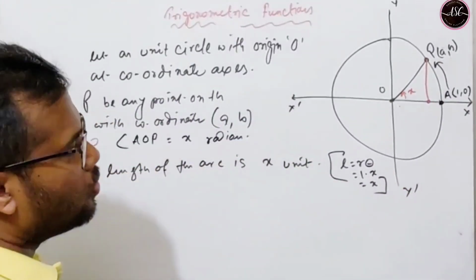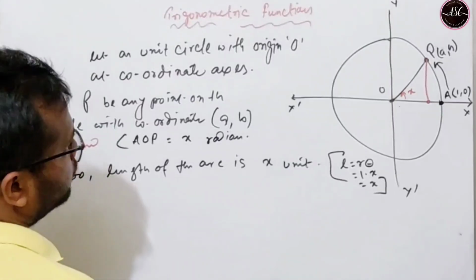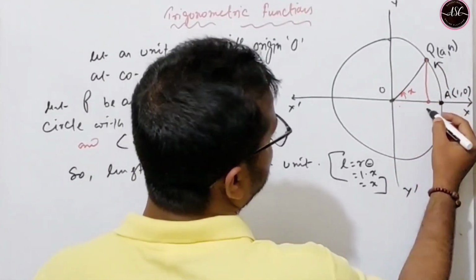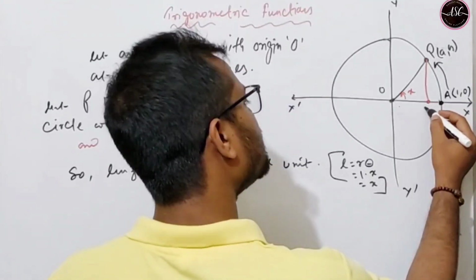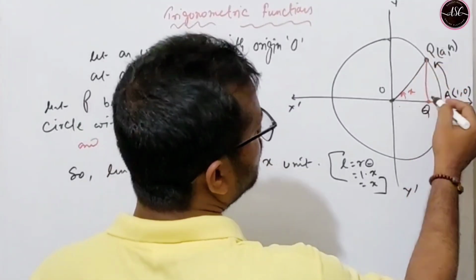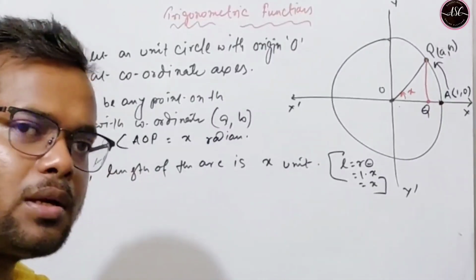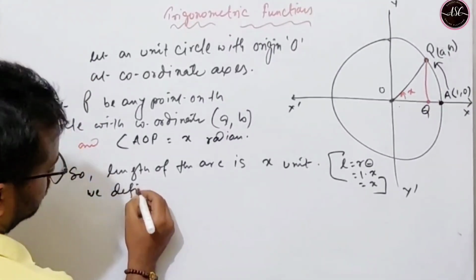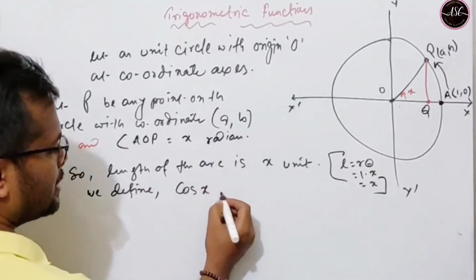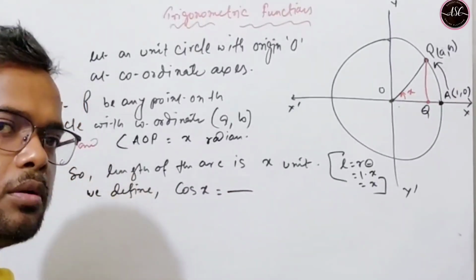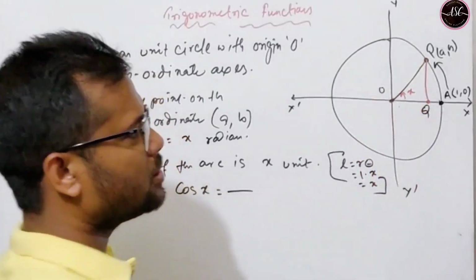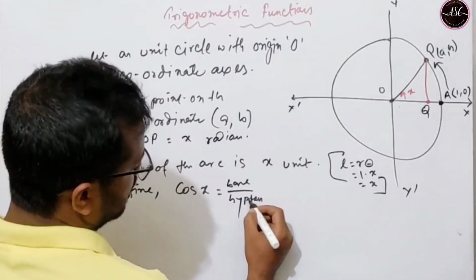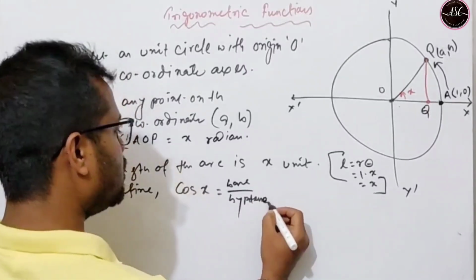Now we can define this triangle. Let this be point Q. So from triangle POQ, this is a right angle triangle. Then we define cos x equal to base by hypotenuse.